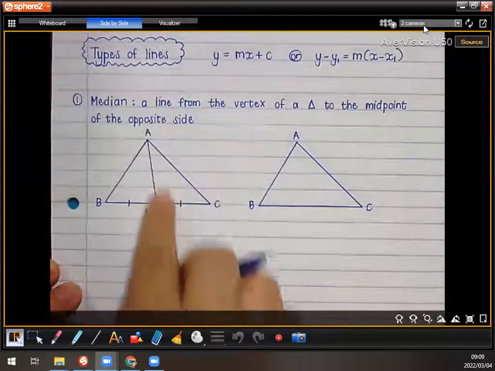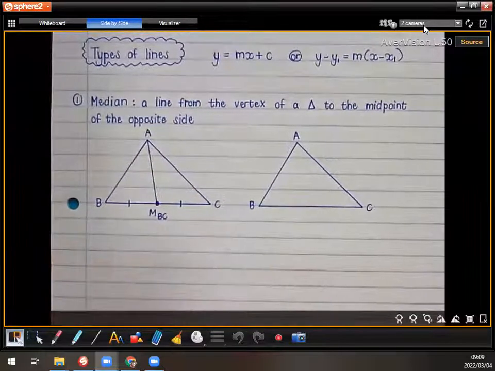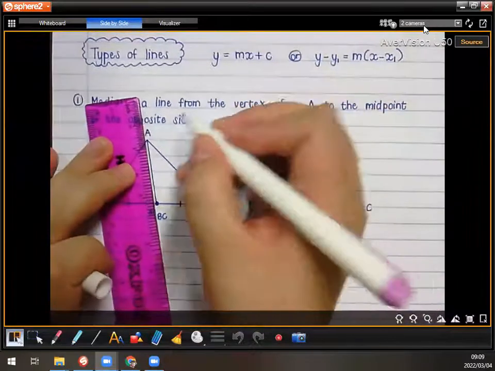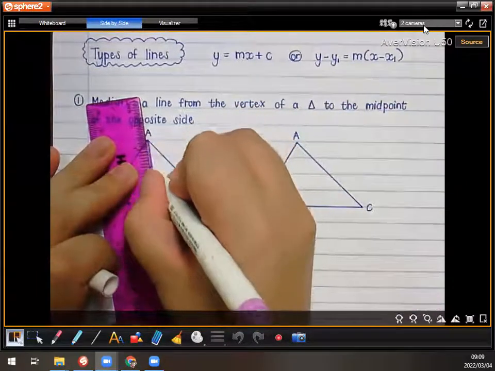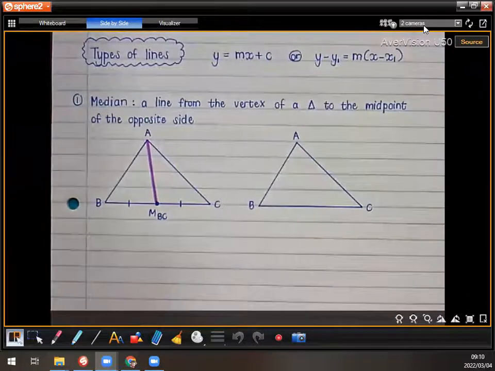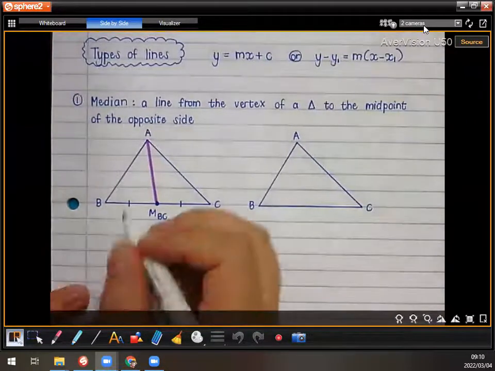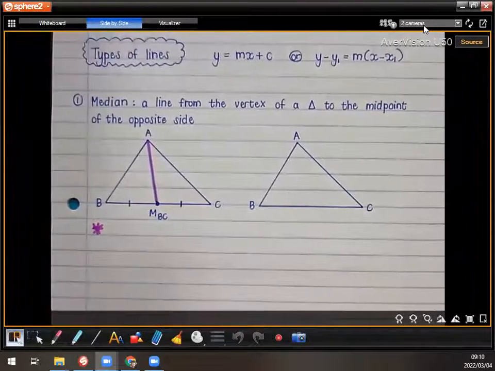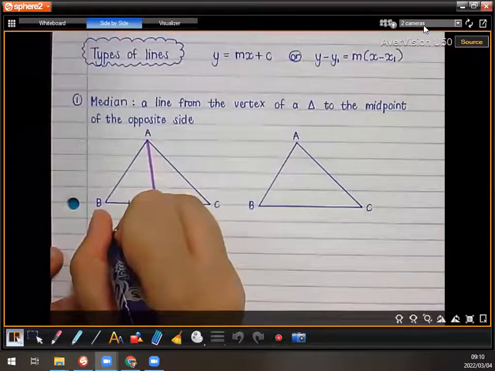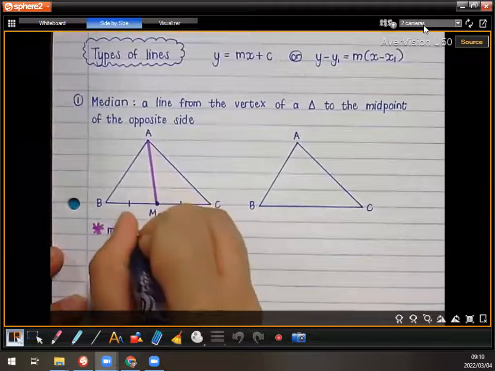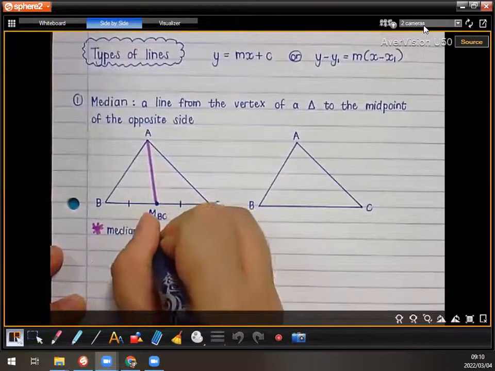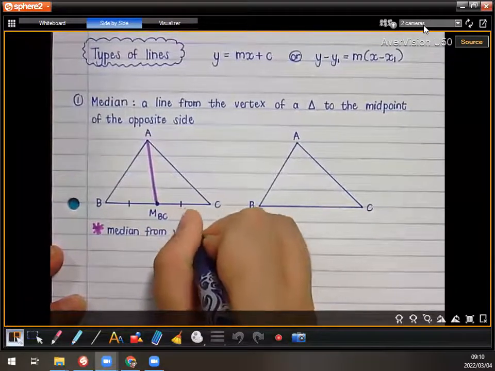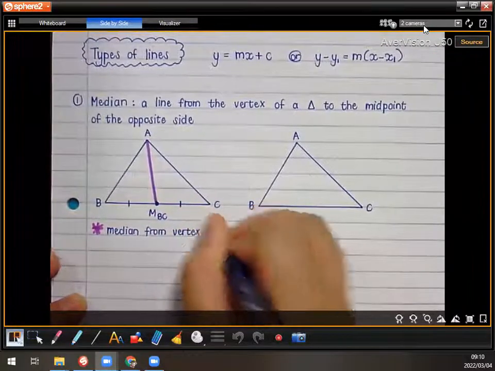Can you just highlight this line or do it in a different color or something? Because I'm just going to write at the bottom here what that line is called. Look at that. And I'll just make a star using that purple color. That is called the median from vertex A.